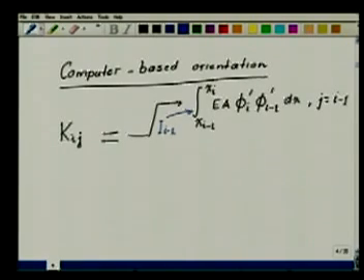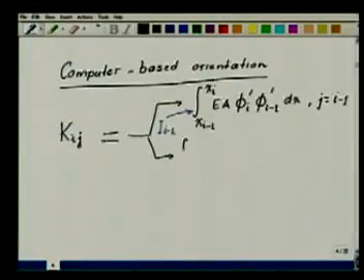Why? Because if you see here, phi I is non-zero in elements I minus 1 and element I, while phi I minus 1 is non-zero in only element I minus 1, but it is 0 in element I. So element I does not contribute. Similarly, let us look at the second possibility.